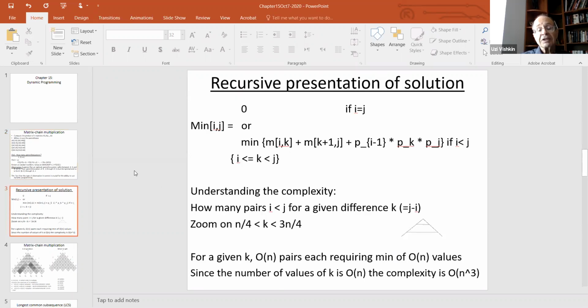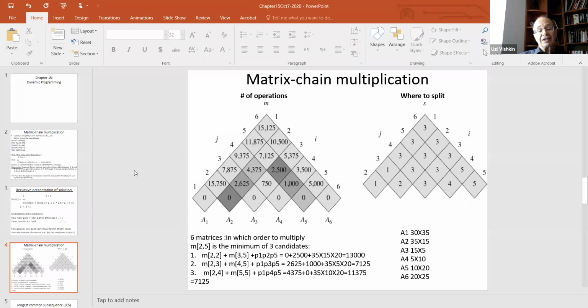Okay, so after having this high-level discussion, and before going to reasoning about the complexity, I wanted now to show you how you fill up the table, the dynamic programming table, which, if you remember, I explained in the prior class that the programming here meant programming people as opposed to programming by computer.